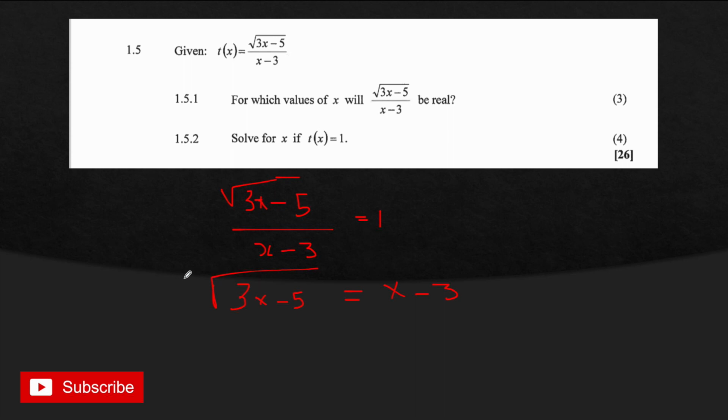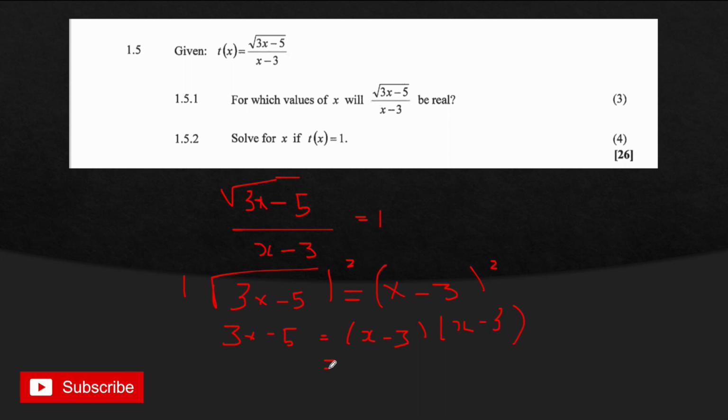Okay, so we want to remove the square root. We square both sides. This will give us 3x minus 5 is equal to, we expand this, x minus 3 and then x minus 3, right? Now we have to FOIL this to get our answer.